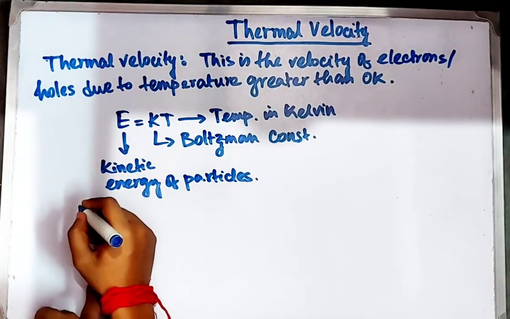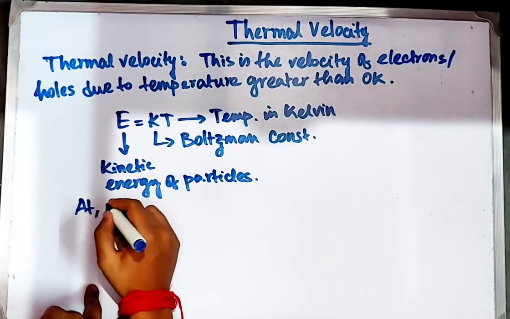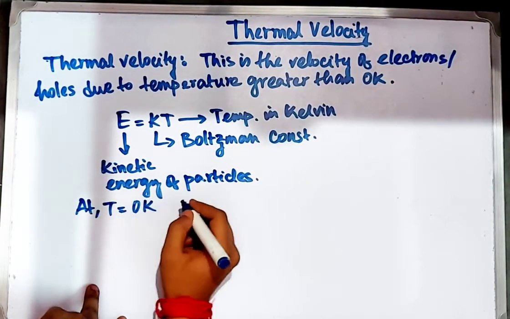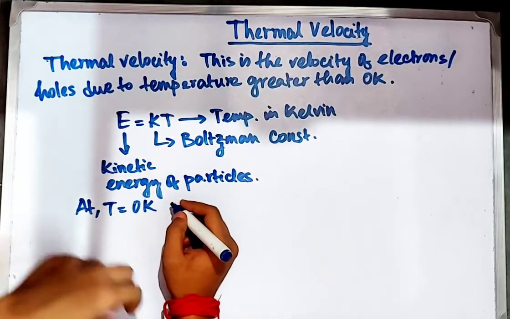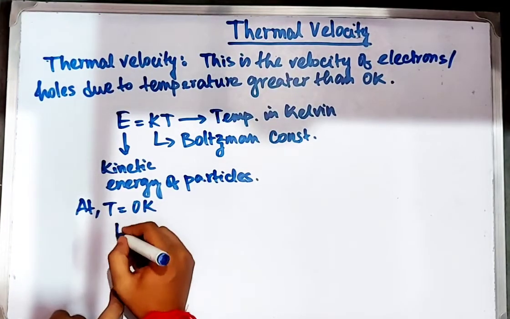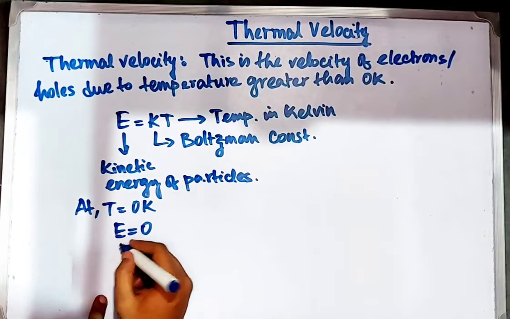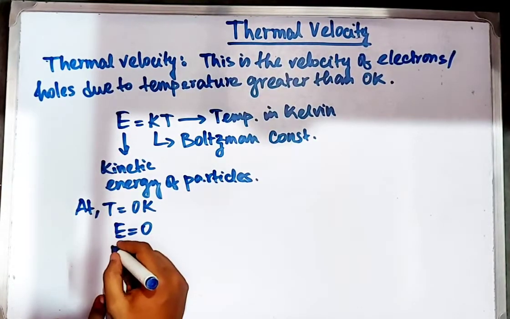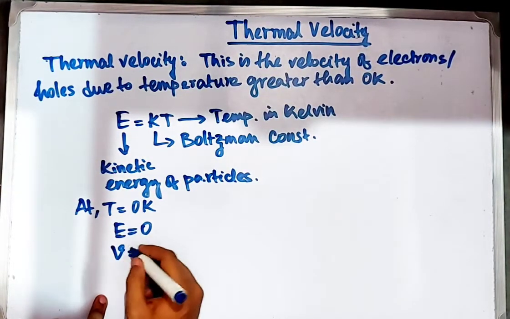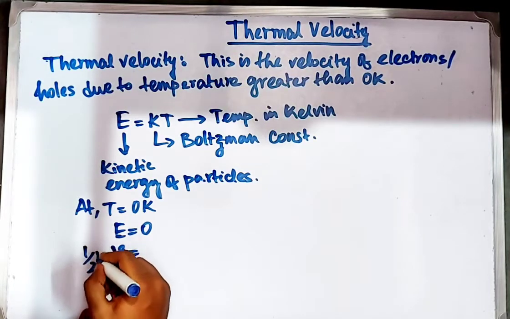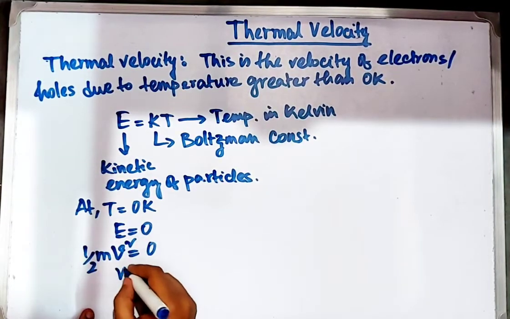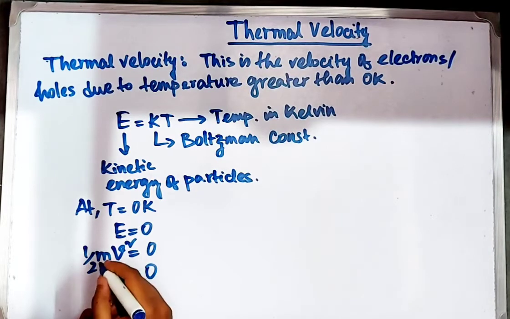So if we put T equal to 0 Kelvin, that means absolute 0 temperature, E equals 0, that means the kinetic energy of the particle is 0. Kinetic energy is half mv square, that is 0, that means v equal to 0 because m is not 0.